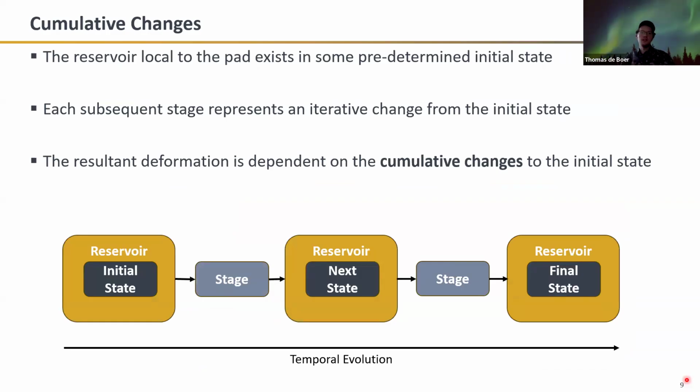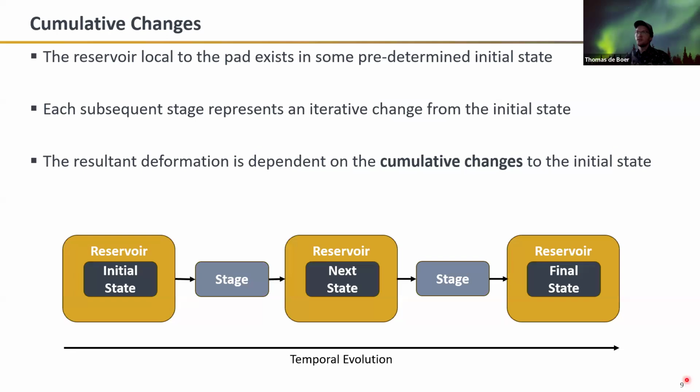The key idea here is that we're causing cumulative changes to the reservoir as our completions progresses. So it's not so much that a fault suddenly becomes active and starts causing issues. It's that we're constantly injecting fluid, we're constantly changing our stress states, and each of these subsequent stages causes additional and cumulative changes to the system as we go.